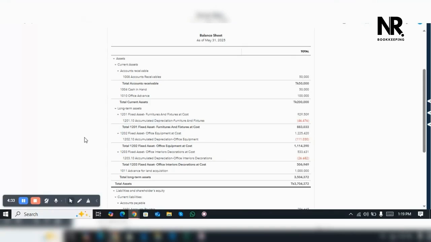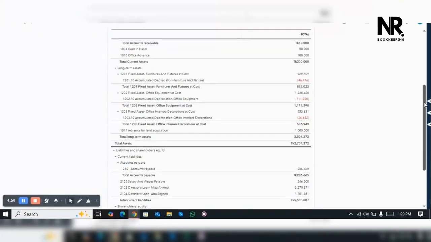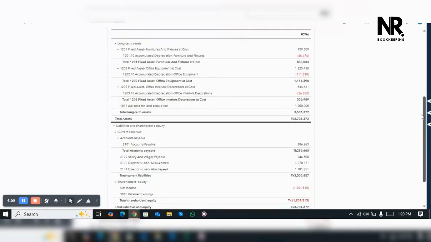So we classified them accordingly, and we posted 5 months of accumulated depreciation and depreciation expense by journal to show him the actual asset value, or the carrying value of the assets, as at 31st May 2025. And there are also advance for land acquisition, accounts payable, salaries and wages payable, etc.